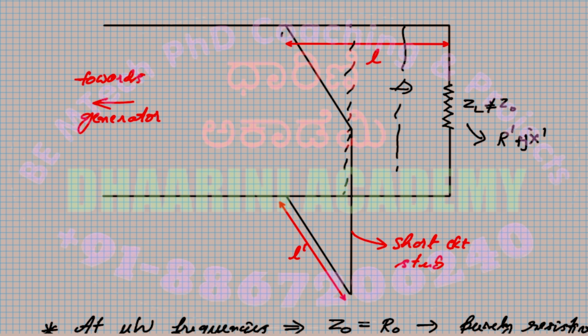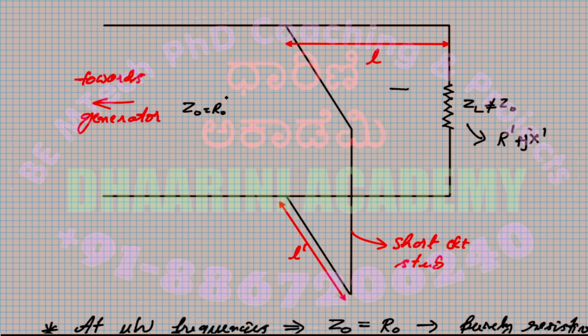But I'll make sure that I move a sufficiently large amount L where I will match the real component to the real component of the load. What I already know is that this Z naught is equal to R naught, some resistance value.